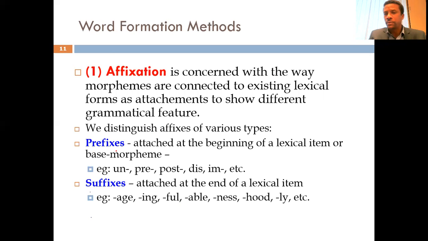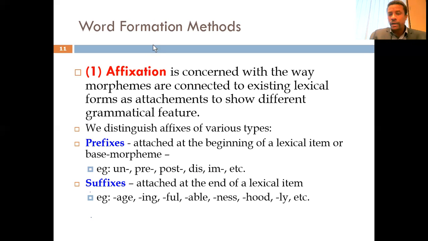The first one is the prefix, which means you can add a morpheme before the word starts, before the lexical term starts. Prefixes like an, pre, post, dis, in, we call them prefixes because they occur before the word.